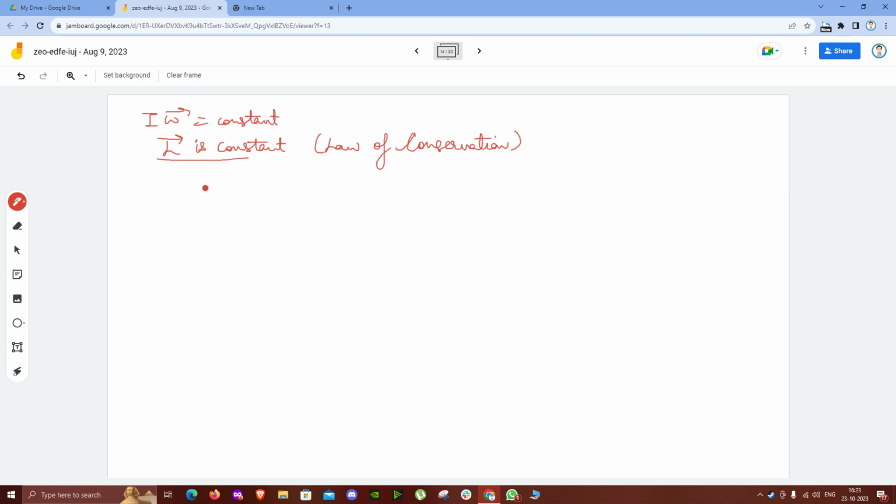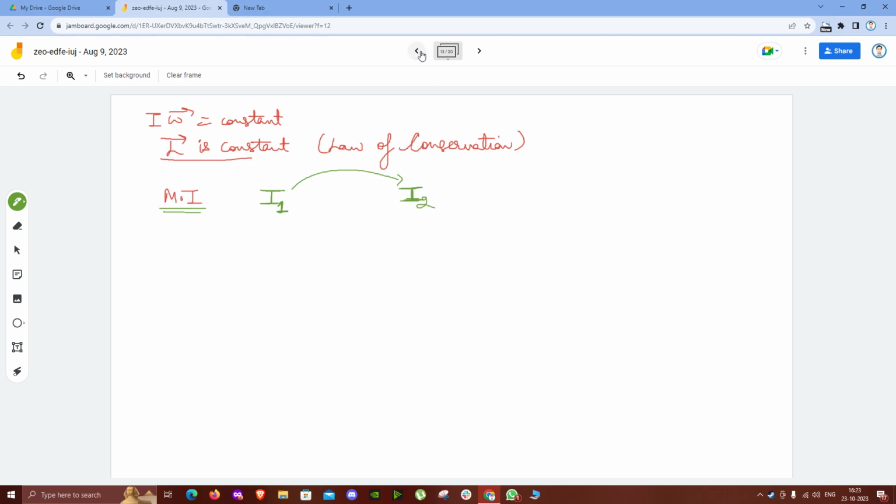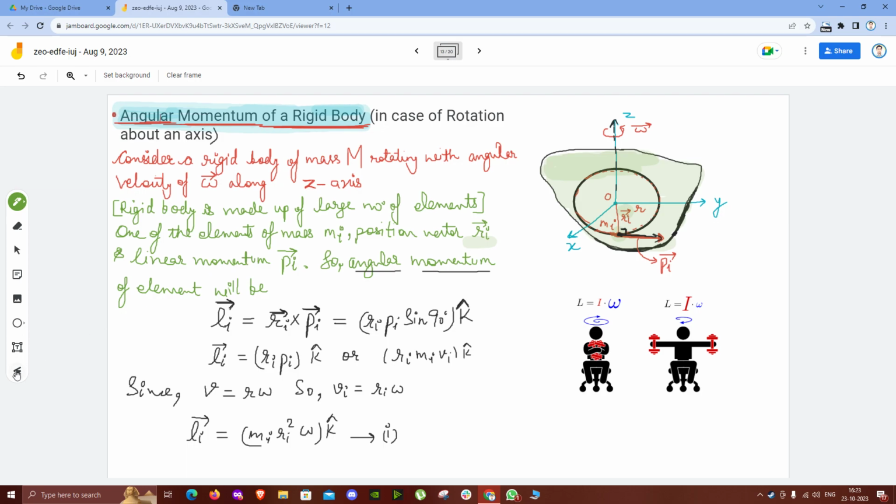Now, let's say the moment of inertia of a rigid body changes from I1 to I2. Let's say its moment of inertia was I1, then it became I2. Why did it become I2? Let's say it became I2 as a result of a change in the internal distribution of the particles.